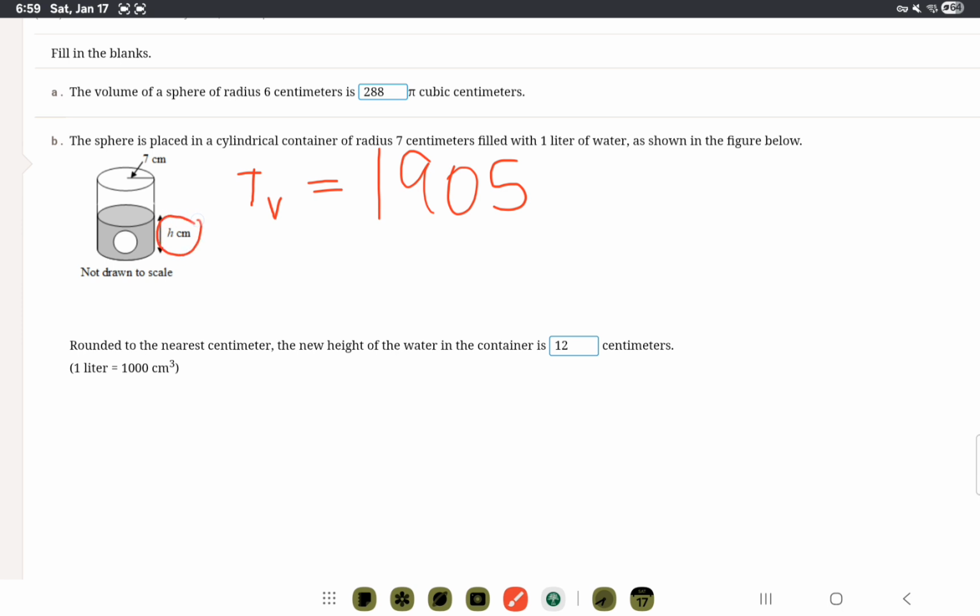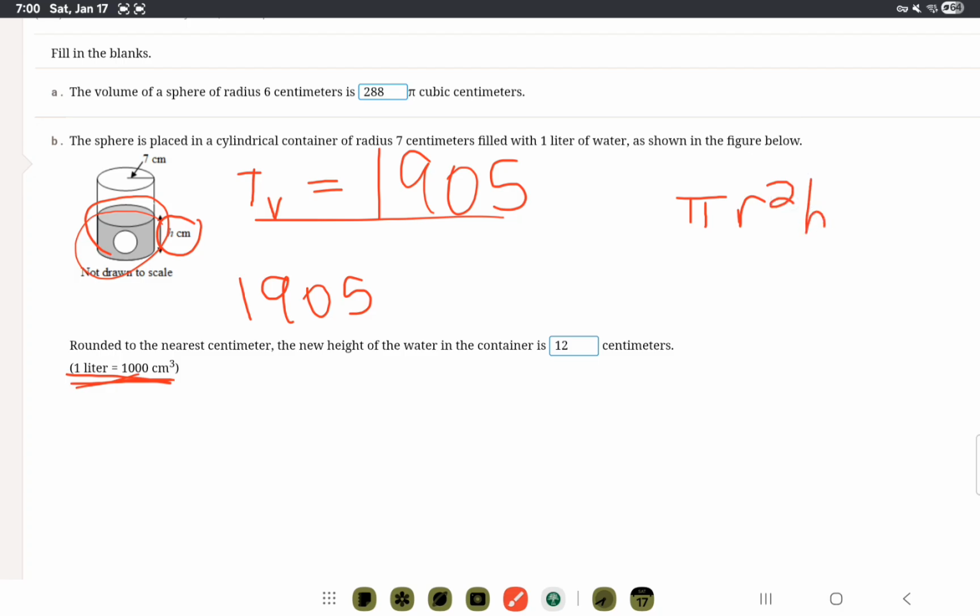Okay, so now what do we need to find? We need to find the height. Now we have the total, which is this, 1905. By the way, they added the conversion here. When we're talking about water, liquids, and whatever, we're talking about volume. The formula is pi r squared h.